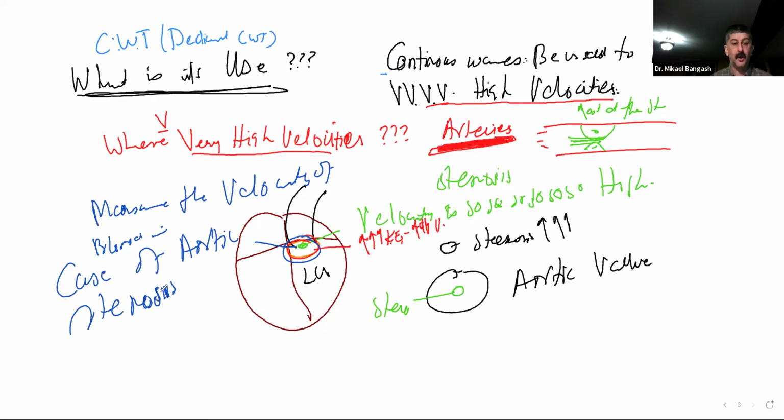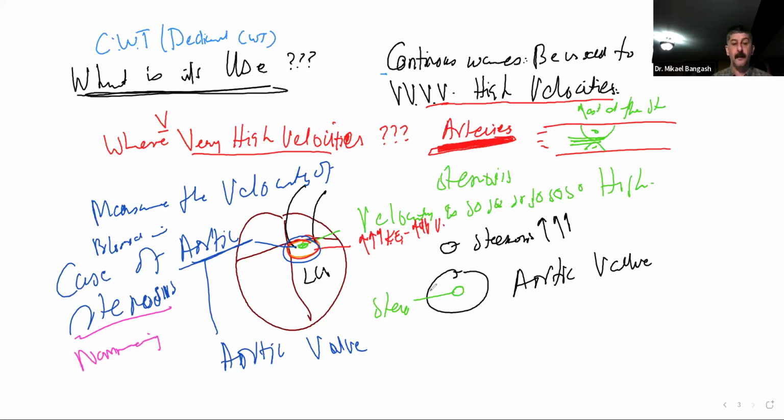Now, what do you mean by an aortic stenosis? Here, aortic is mainly referring to the aortic valve. And stenosis, guys, is just the word that means narrowing.